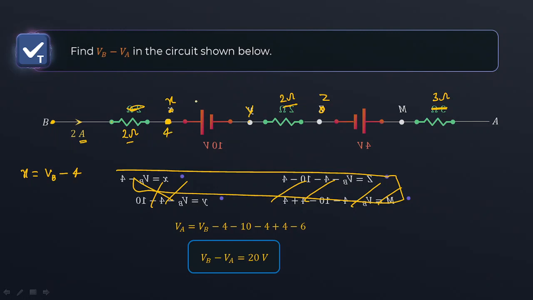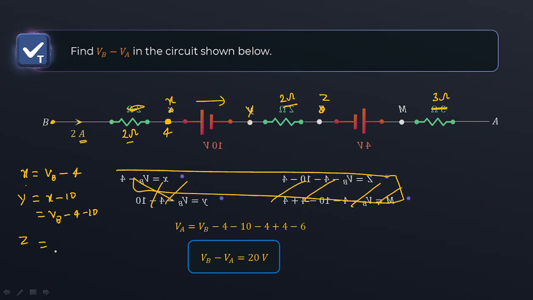Now we are crossing the battery in the opposite direction. So can I say that Y will be equal to this value X minus 10? Yes or no? So that is X is VB minus 4 minus 10. Yes or no?